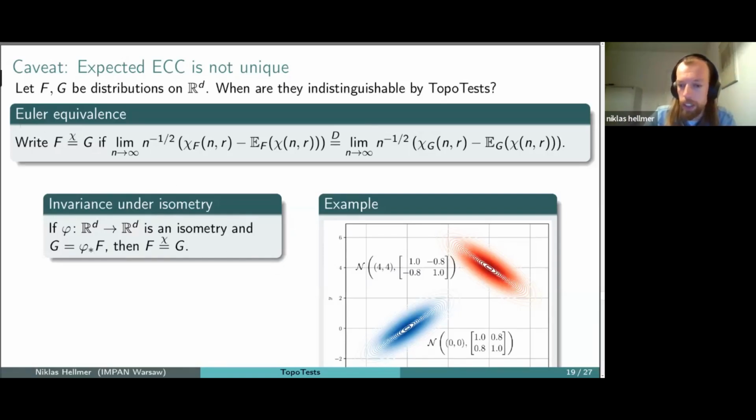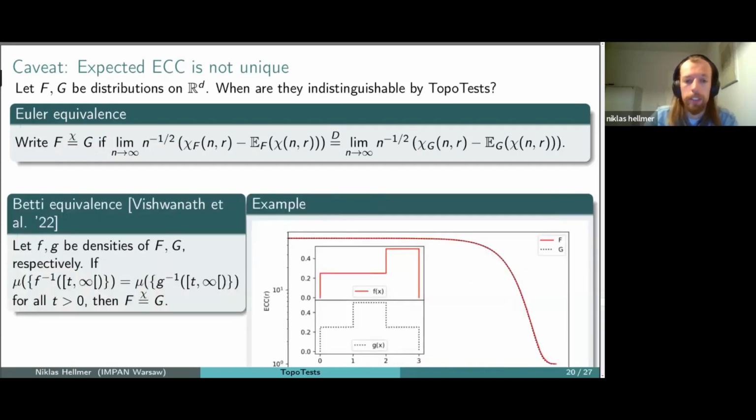So here we have a picture of two-dimensional Gaussians, and one is shifted and rotated from the other. So we cannot distinguish those. And more generally, this was recently observed by Vishwanath and co-authors.